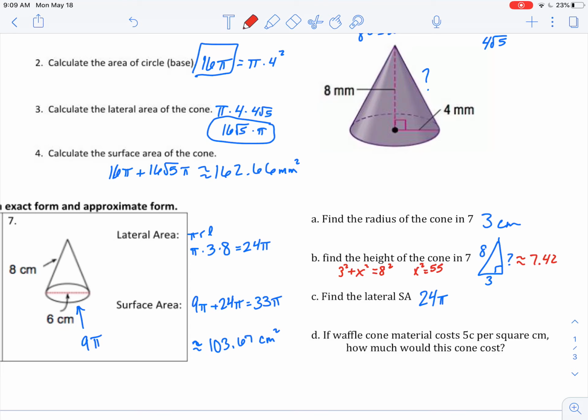Now we've got our lateral surface area, and we have our total surface area. So total surface area is 103.67 square centimeters. And if it costs 5 cents per square centimeter, then we'll multiply 103.67 times 5 cents to get our cost.